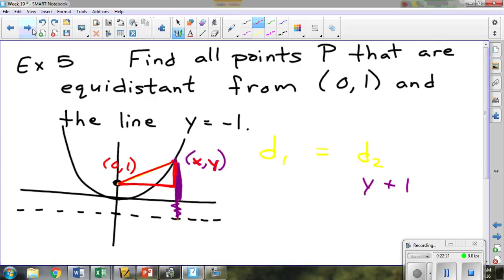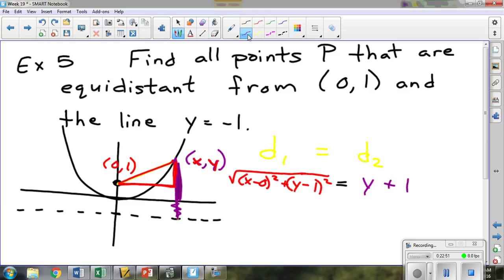We would say that that distance is the square root of (x minus the x coordinate) squared plus (y minus the y coordinate) squared. Just plugging things into the distance formula. And we have now created an equation which we will conduct some algebra on to simplify it.